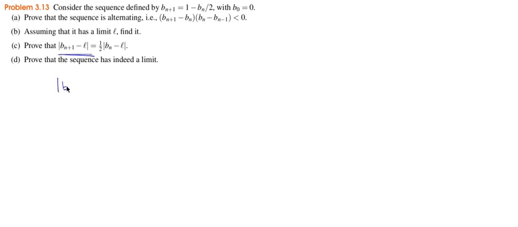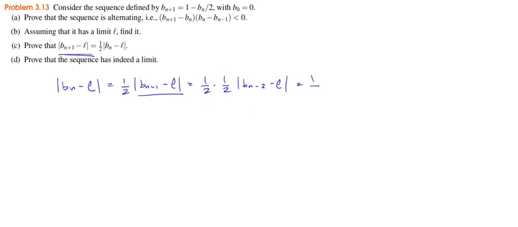Let me write b sub n minus L. So we know this is 1/2 of b sub n minus 1 minus L, right? But this one is 1/2 of b sub n minus 2 minus L, right?